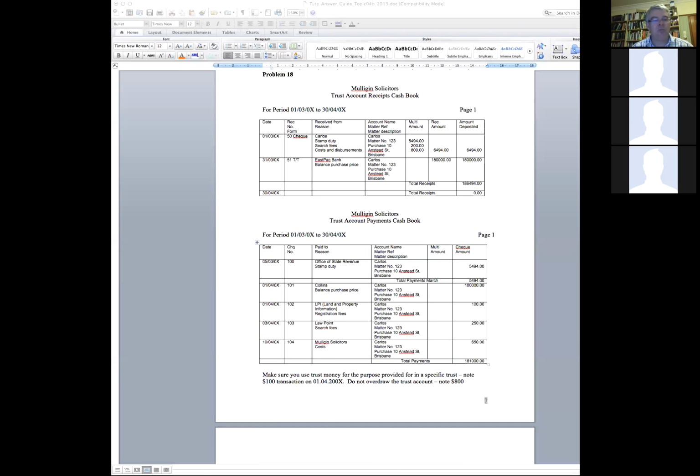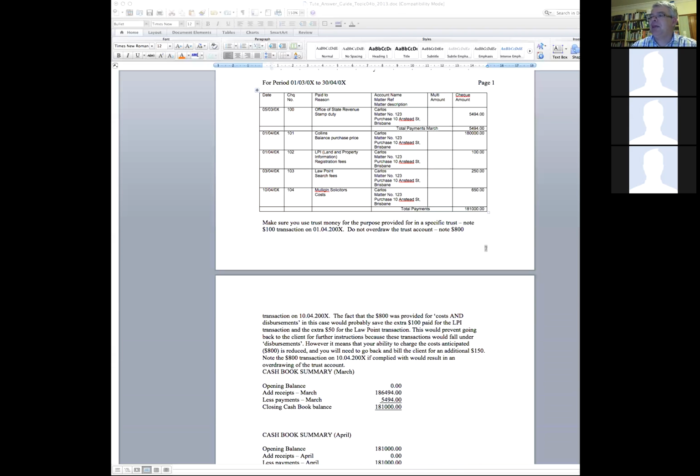So can we do that? Now we know that originally when money was deposited there were costs and disbursements. There was an amount of $800 put in there. But the trouble we've got is that there's actually not $800 left in the account by the time we get to this transaction.